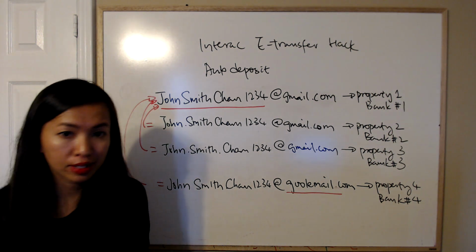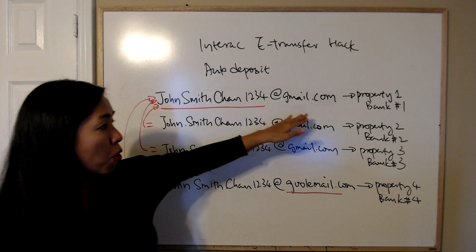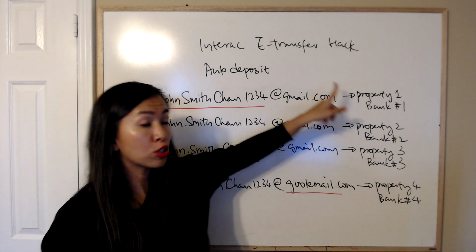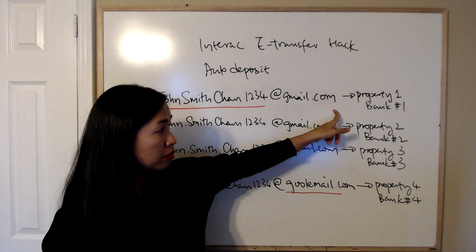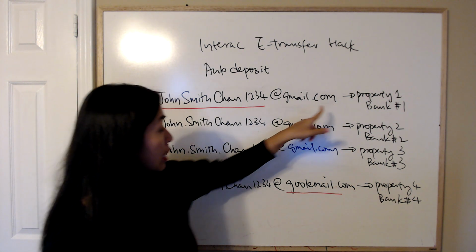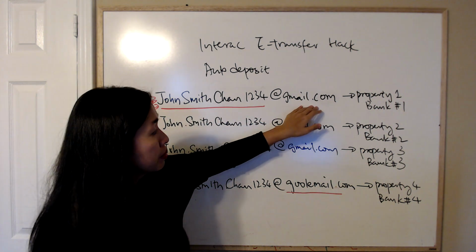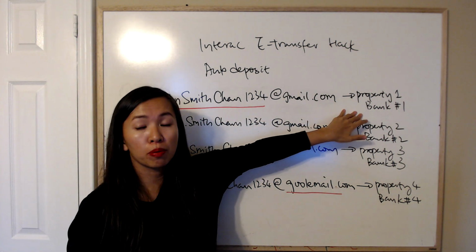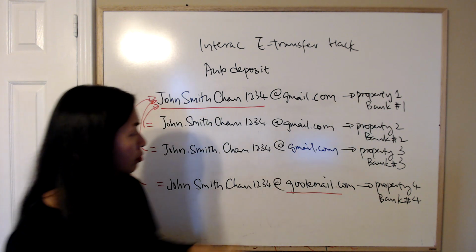So now here is the system that I set up. I would have johnsmithchen1234@gmail.com assigned for property 1, and I would turn on the auto deposit, enter this email address, and assign the money received at this address to be deposited to bank number 1, the bank for property number 1.